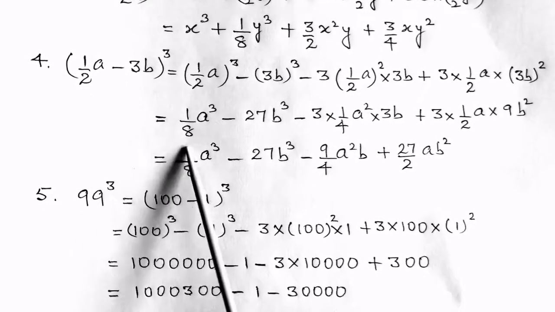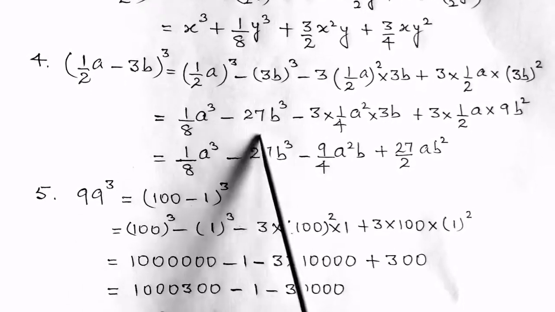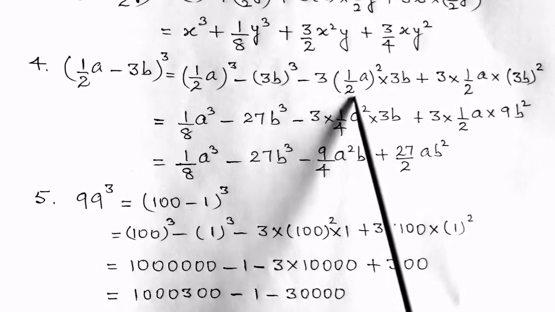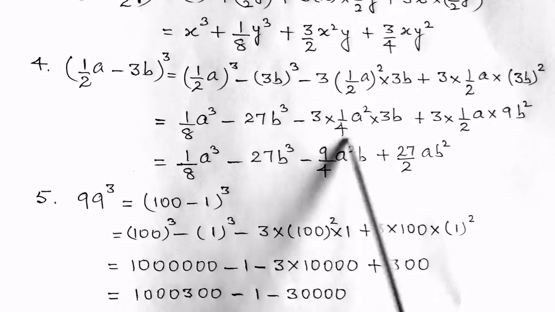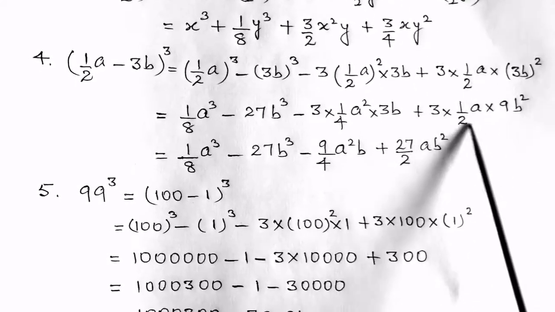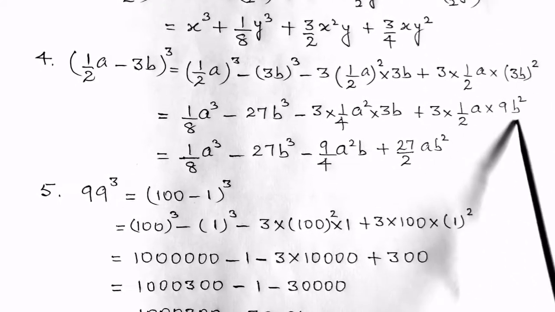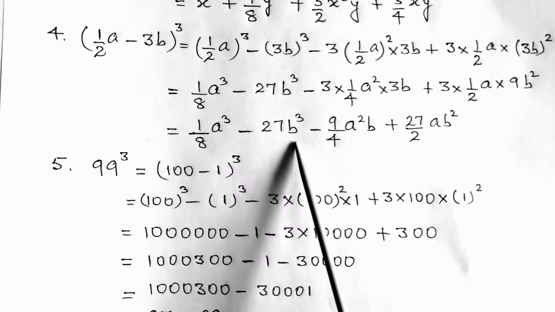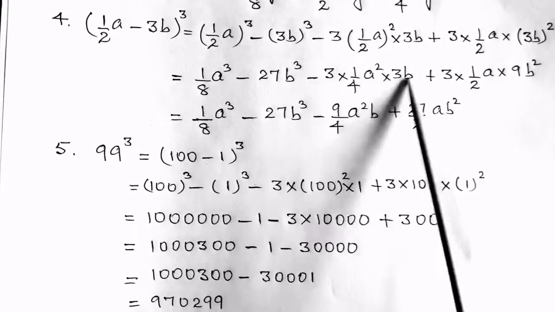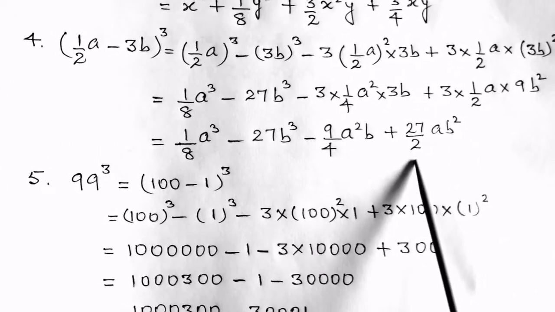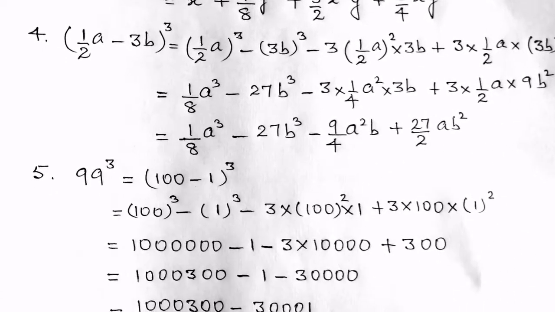So cube of this will be 1/(8a³) − 27b³, minus, square of 1/(2a) will be 1/(4a²), and this as it is. Similarly 3 into 1/(2a) into 9b². So we have 1/(8a³) − 27b³ − 9/(4a²) b + 27/(2a) b².